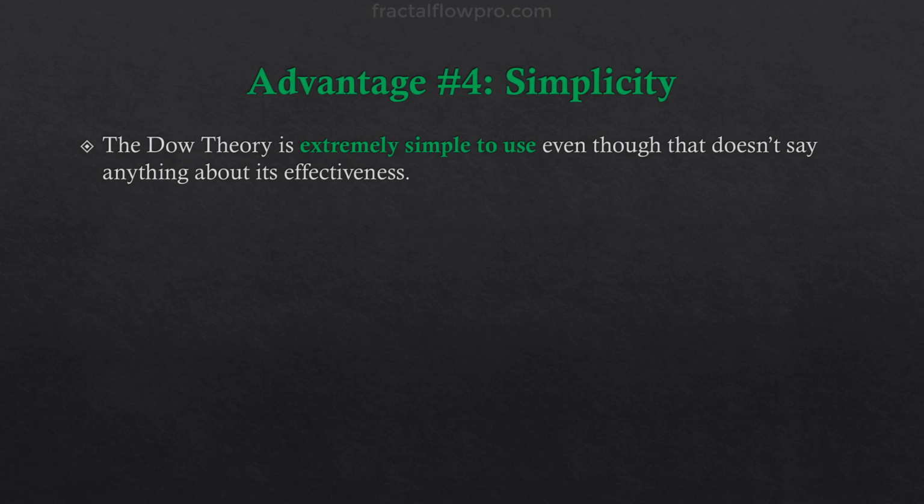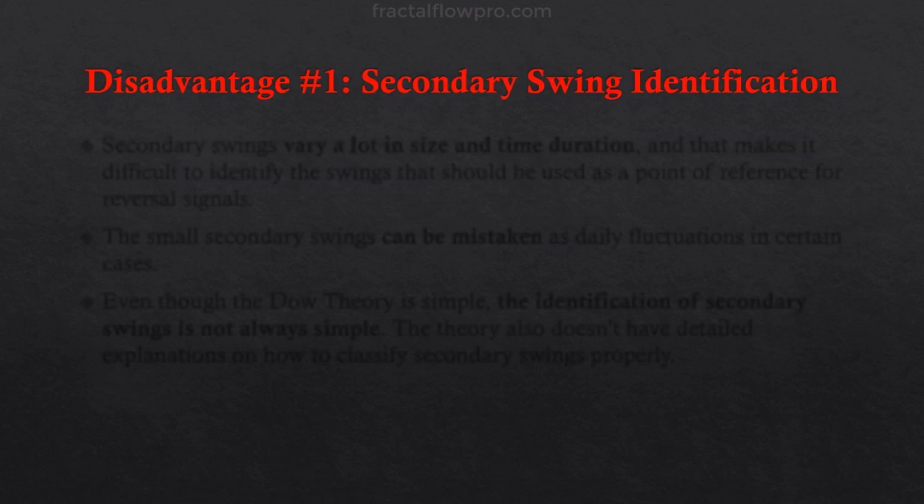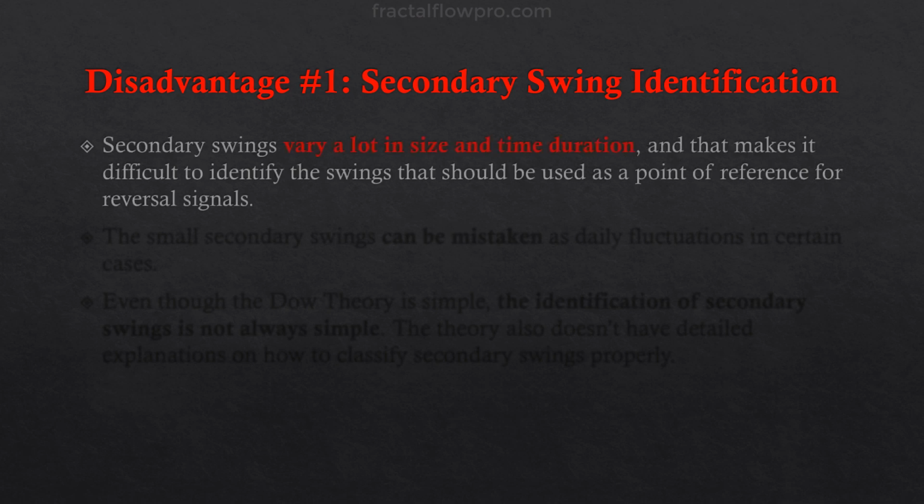Let's begin by talking about the problem of identifying secondary swing highs and lows, which is a prerequisite for the detection of reversal signals. Secondary swings are similar to waves in the simple analogy made earlier. The problem is that the secondary swings vary a lot in size and time duration, and that makes it difficult to select the right swings in real time for the detection of reversal signals.